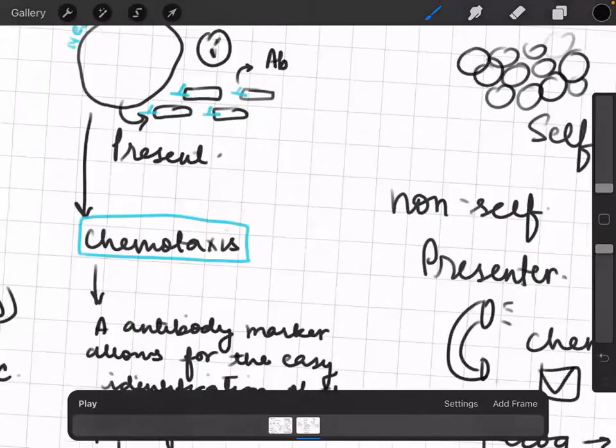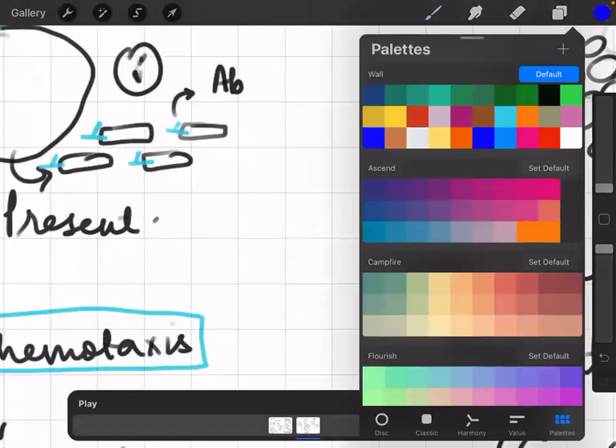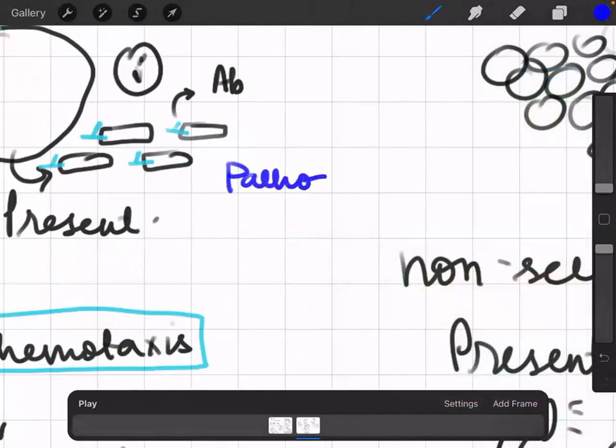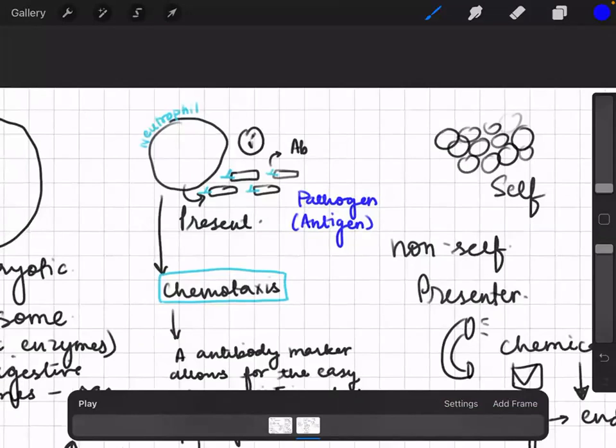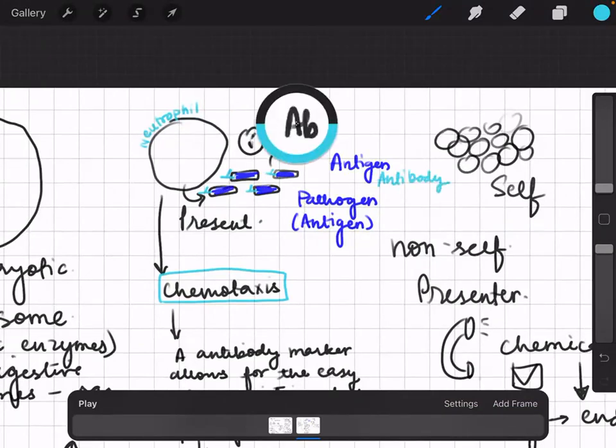Now, at times, I'm just going to write this over here. The pathogen can also be called by another name, which is antigen. So when this process takes place and you tag your antigen with this antibody, what you form is an antigen antibody complex. So I will just write this: antigen antibody complex.